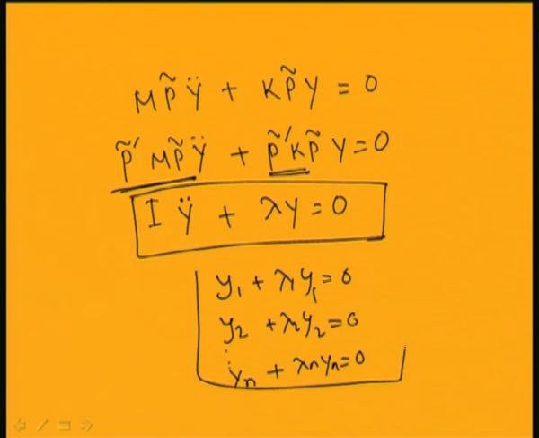So by using this weighted modal matrix you are directly getting the frequencies of the system, and you are converting the multi degree of freedom system to a number of single degree of freedom systems whose solution you know or can find very easily.